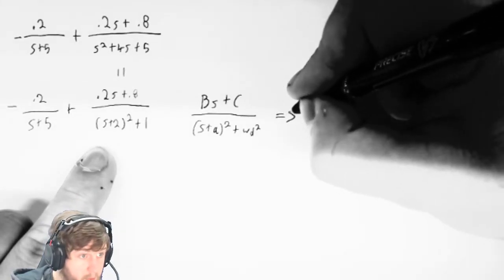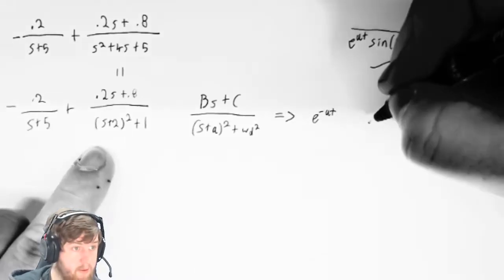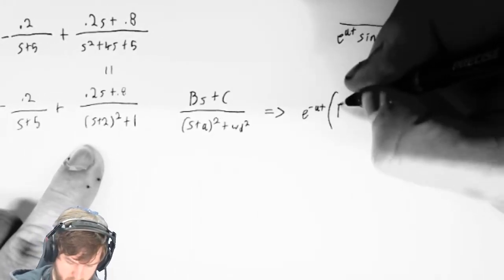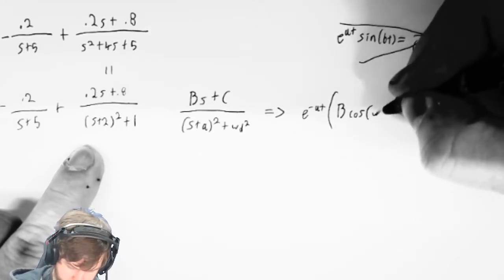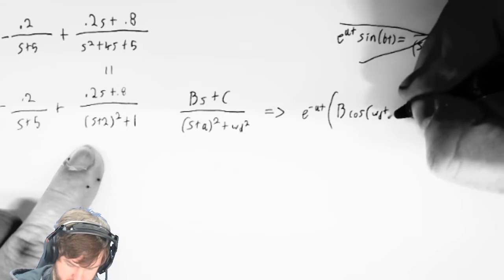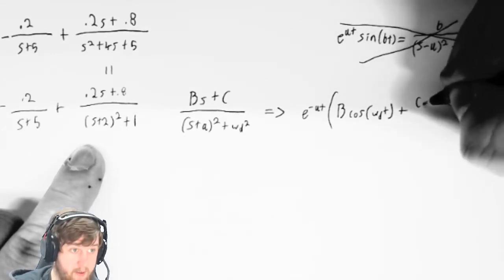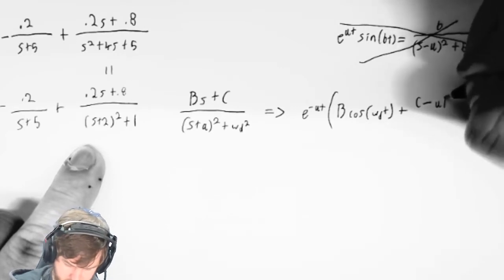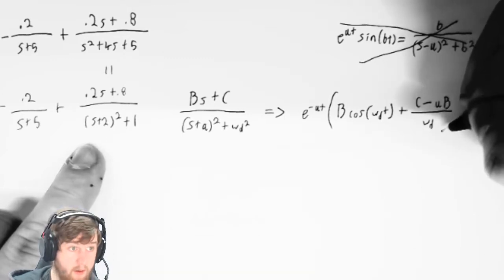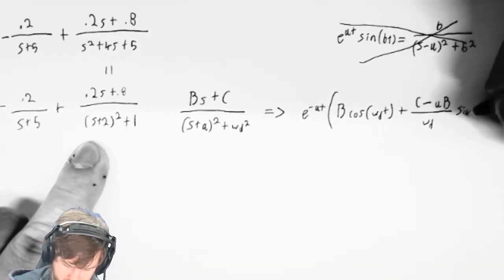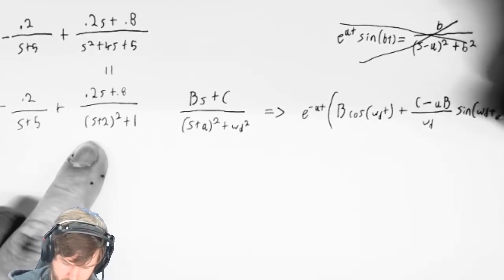goes to e to the negative at b cosine omega d t plus c minus b a over omega d times sine omega d t.